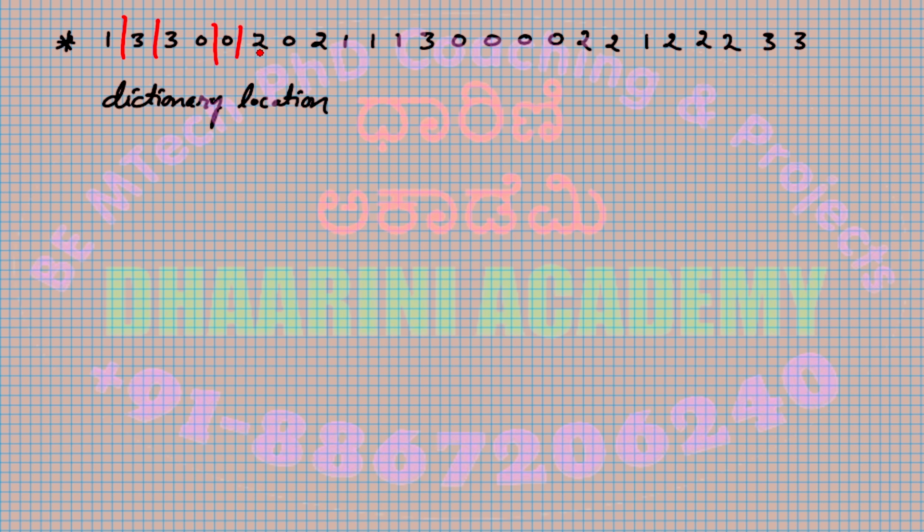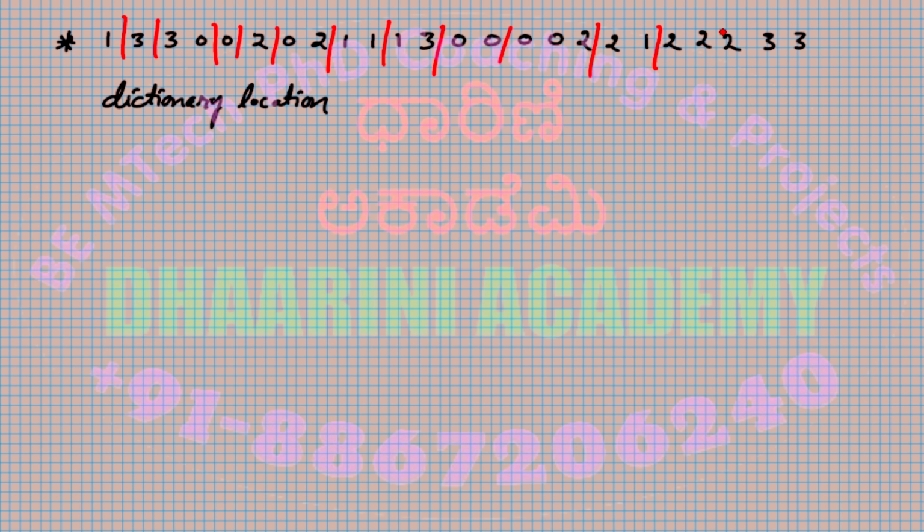Then 0 is not done, so 0 is a single group. 2 is not done, so 0, 2 is the next group. 1 is there, so 1, 1 is the next group. 1, 3 will be the next group. 0 is there, so 0, 0 is the next group. 0, 0 is there, so 0, 0, 2 is the next group. 2 is there, so 2, 1 is the next group. Am I right? Okay.